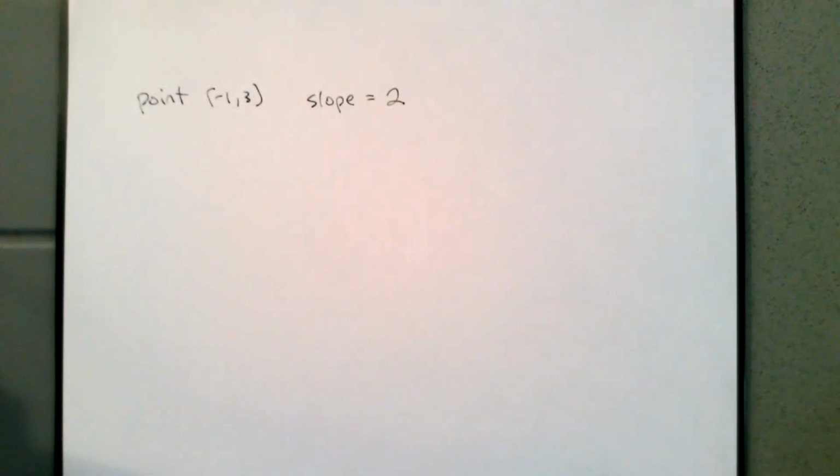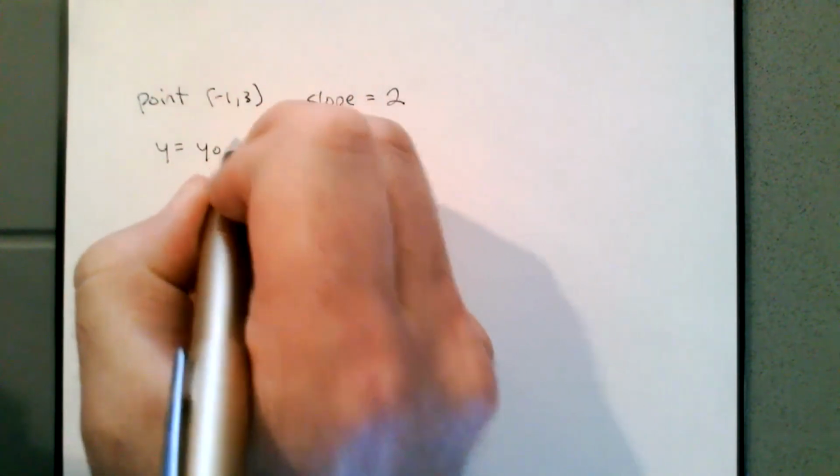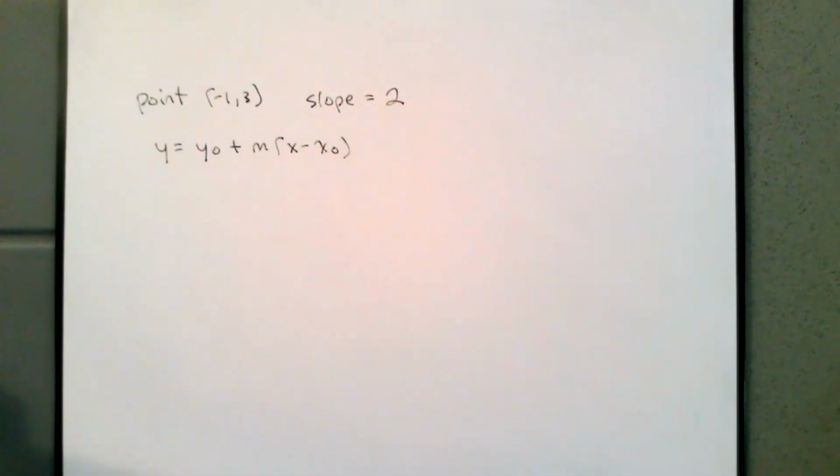I just use the point-slope equation of a line, y equals y0 plus m times x minus x naught, for my equation of a tangent line. Then I just have to plug in the point -1, 3 and the slope of 2.